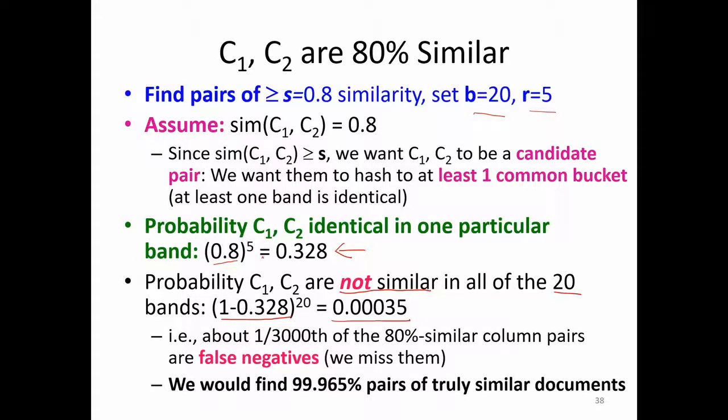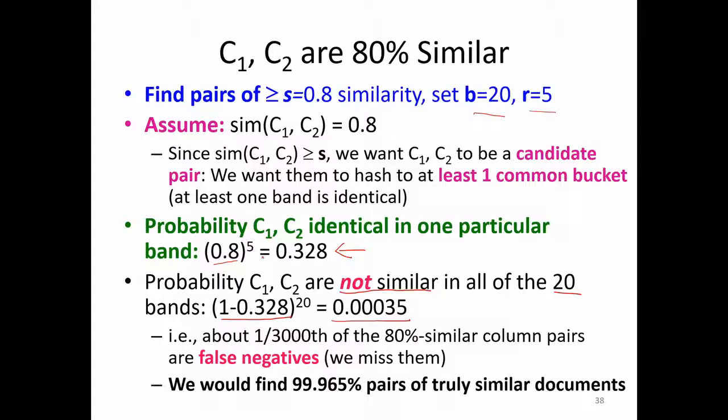So there will always be a false negative, because the probability is not 100%. If there is not a 100% match, then there is a small chance that a random permutation may not match the two.